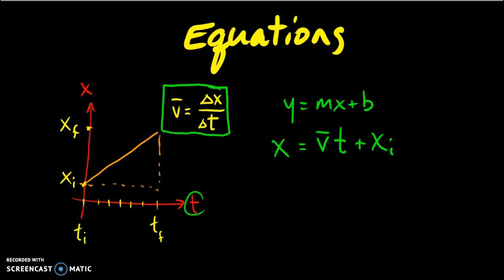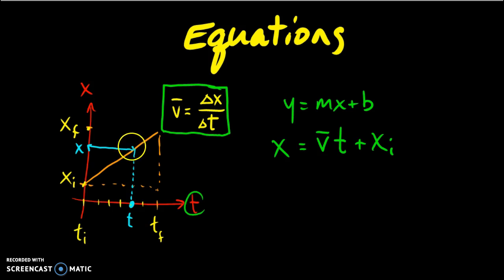What this equation says is that we take some time t, which can be anywhere on the time axis. We can know from this equation what the exact position x is if we multiply by the average velocity and add to it the starting position.